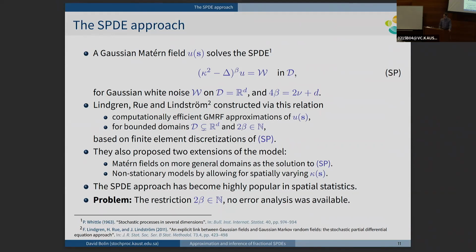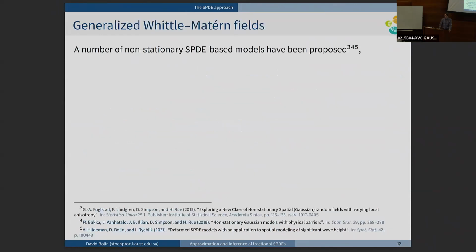If we want to do some kind of error analysis, or remove this restriction of fractional smoothness, we would like to do this in the general setting of also allowing for non-stationary models.